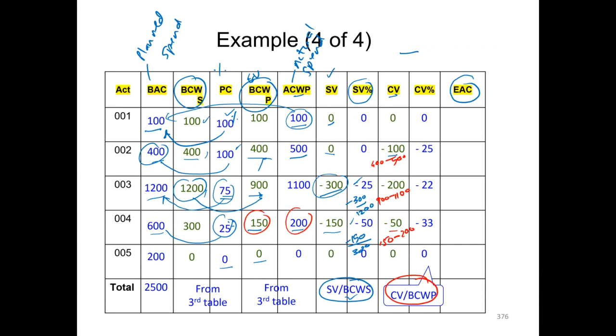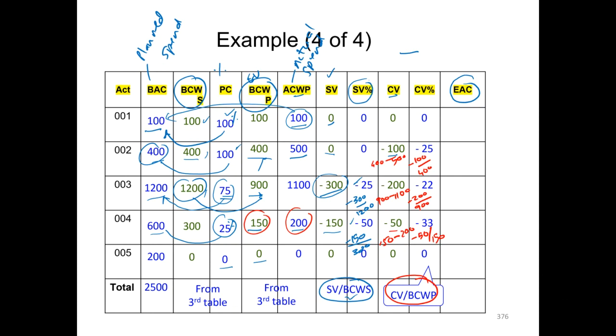So if we take this example, minus 25, here is how it is calculated: minus 100 cost variance divided by BCWP, which is 400, giving us minus 25. Minus 22 is calculated by dividing minus 200 by 900, and this one is calculated by dividing minus 50 by 150.